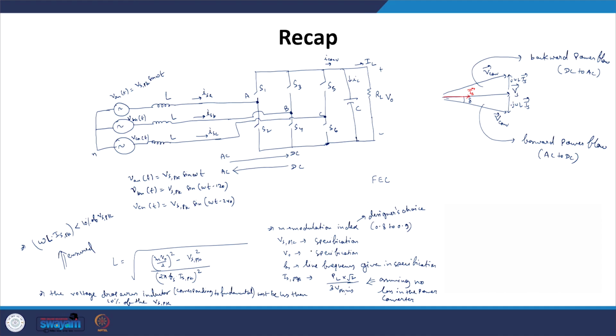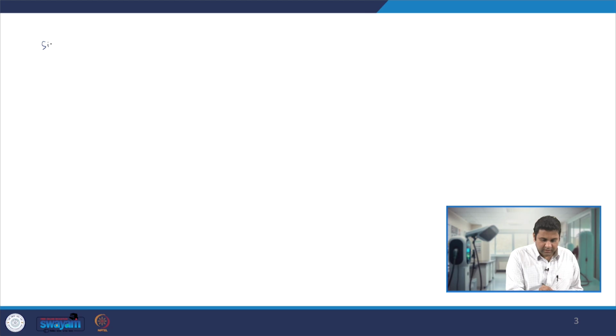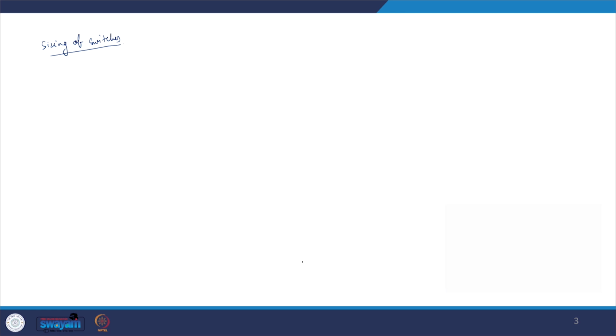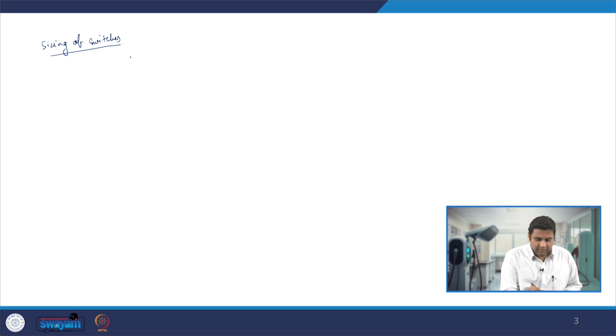Now after this, let us move ahead and understand how we can size our switches. So we can say sizing of switches. Now you can recall our discussion in the PWM lectures, that means lecture number 22, where we understood that when we have taken the half bridge converter, the duty ratio for which the switch has to be on is given by 1 by 2 plus Vm by 2 Vc.